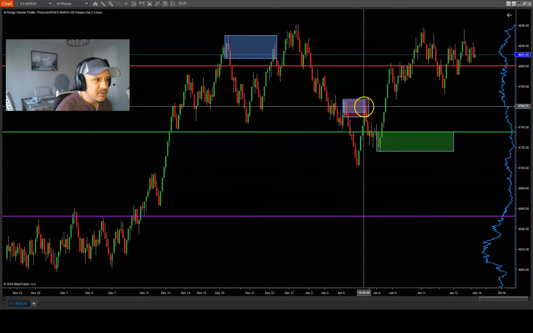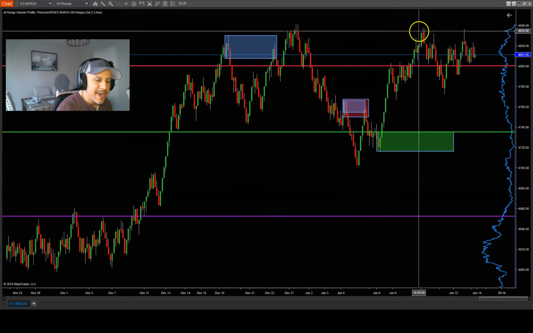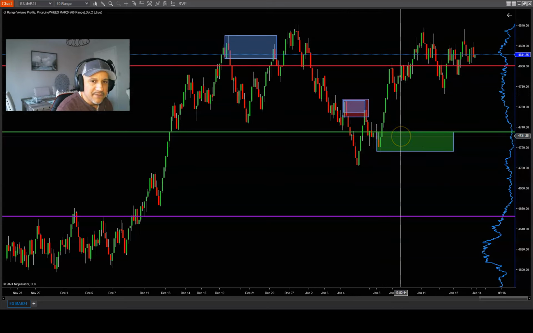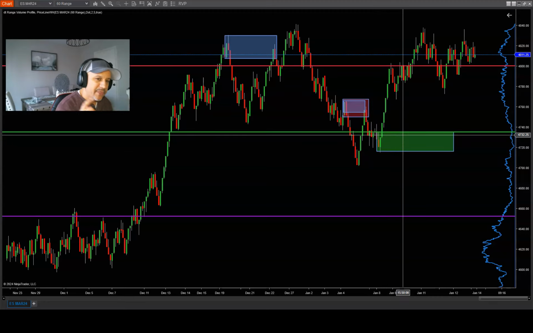This right here, this was a push up, a pullback, and aggressive buying to the upside. This aggressive buying here, this is an area of demand, okay? Equate those in your mind. Always remember, aggressive buying, demand, aggressive selling, supply. But when it comes to trading imbalances, I'm going to show you what I'm referencing.